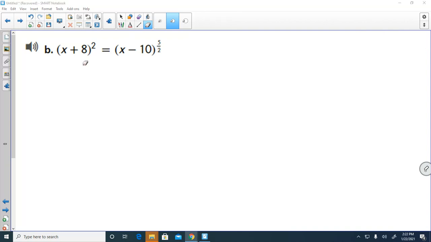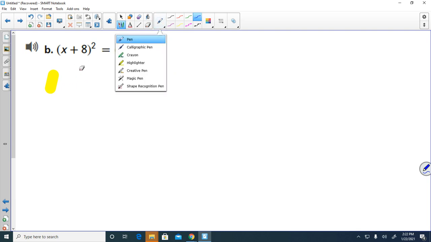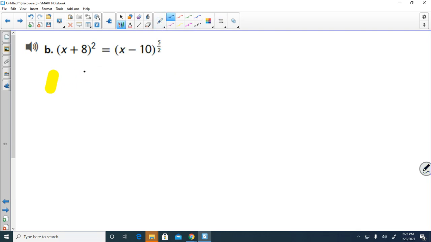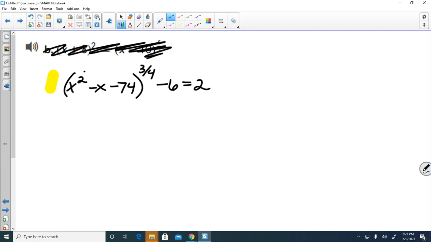So you'll have something more like x squared minus x minus 74 all raised to the 3/4 minus 6 equals 2. So we're just going to mark off part B, and we're going to do this problem instead, because this matches more of what you need to be able to do at this level.